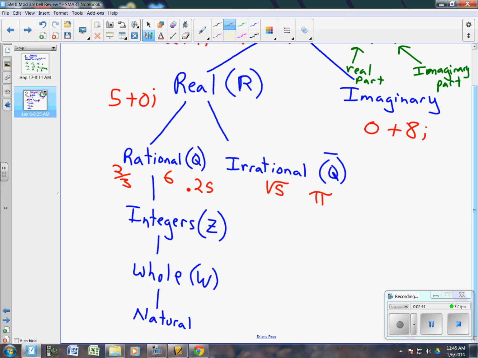Okay. Integers. Integers are these numbers right here. How many of you know what that means when I put that notation like that?